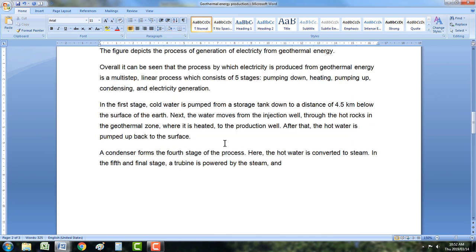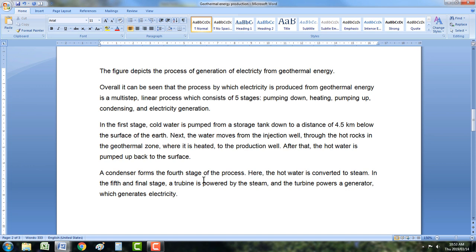But I think I'm going to change it to active, and the turbine powers a generator, because then I can say comma which, a nice comma which. So if you're going to say comma which here, you need the generator over there, and then the generator produces electricity.